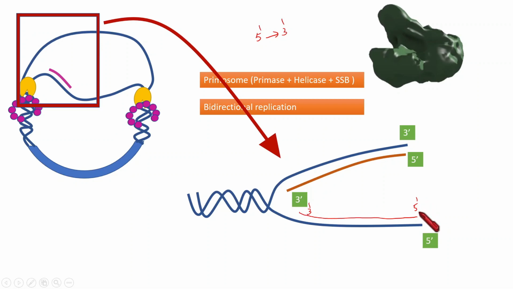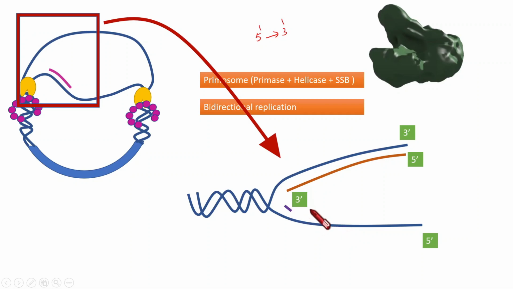So what is the solution? In the case of this template strand, as the orientation is perfect, there requires only one RNA primer, and to its end the daughter strand can be synthesized continuously. But here it is not possible. Then what is the solution? Here, the RNA primase enzyme lays down so many RNA primers with regard to this template strand.